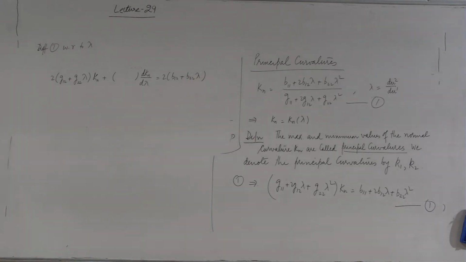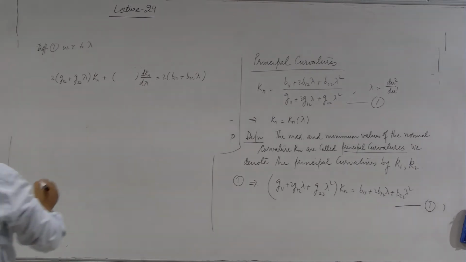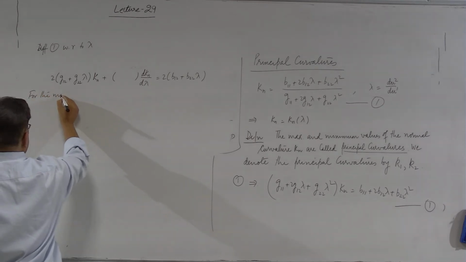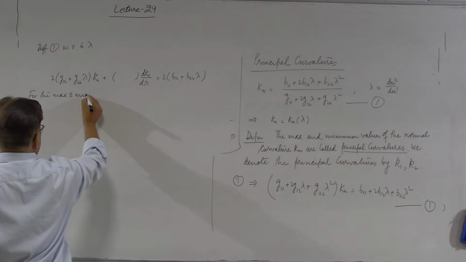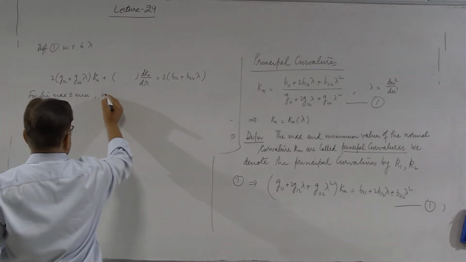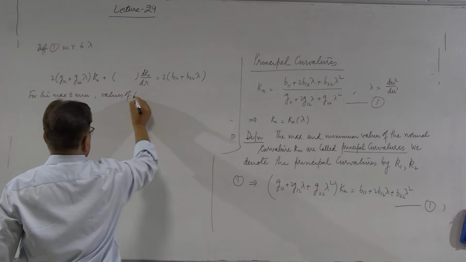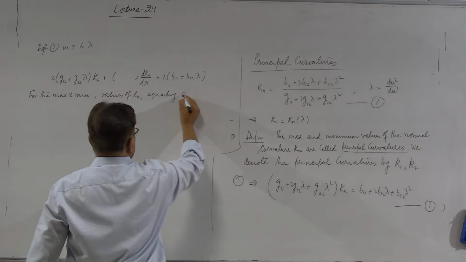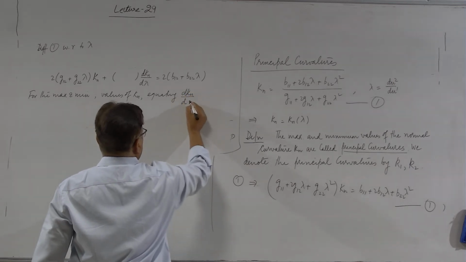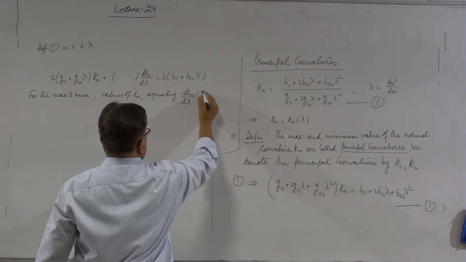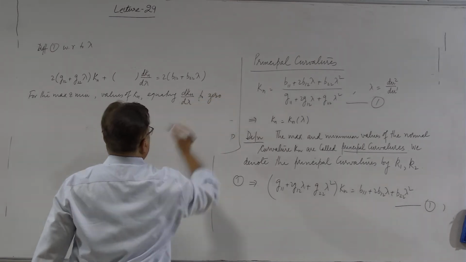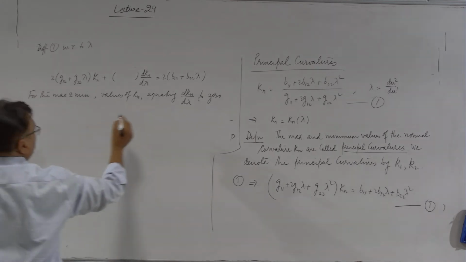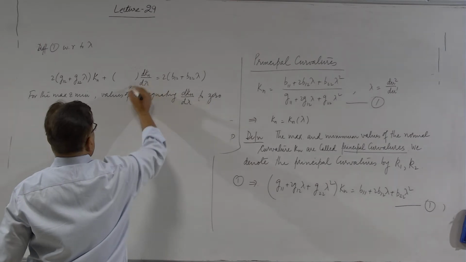So, for K1 and K2, the maximum and minimum values of Kn, equating dKn over d lambda to 0, that will give me, this term will become 0.